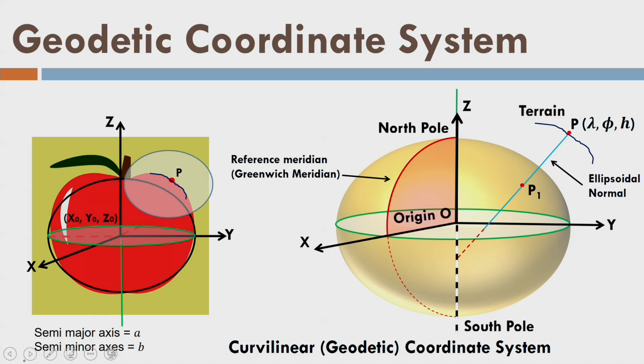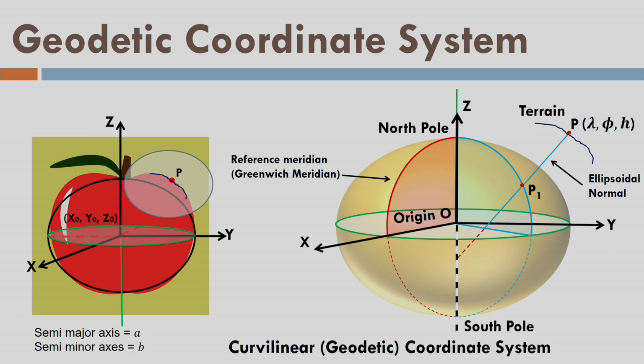This line is called the ellipsoidal normal, the whole line from point P to the rotation axis, and this line is perpendicular to the ellipsoid. Now, point P1 is on the ellipsoid, and if I connect the north pole, south pole and the point P1, it is called the meridian of the observer, because it passes through the perpendicular projection of point P on the ellipsoid.